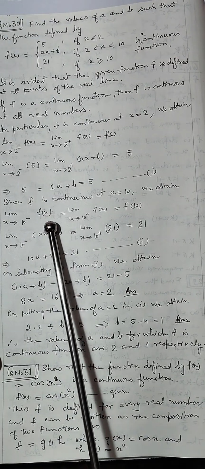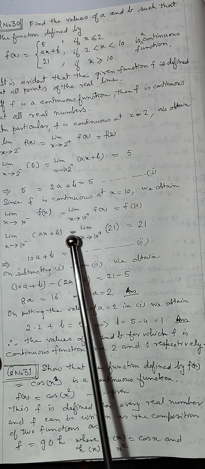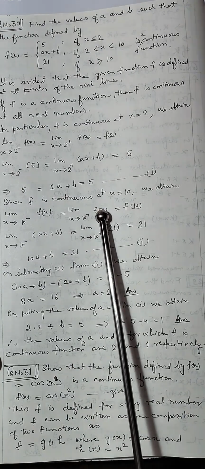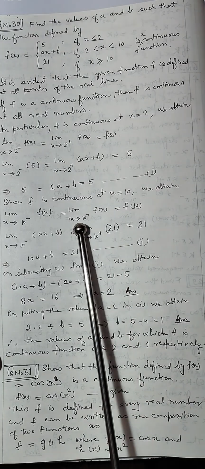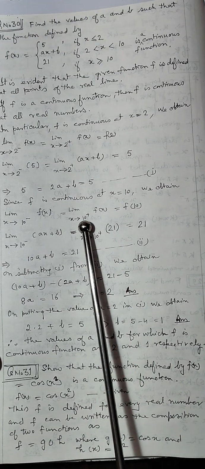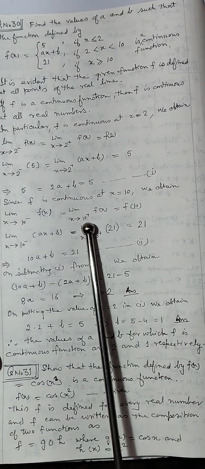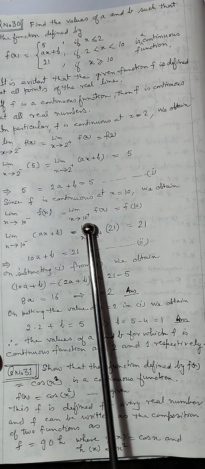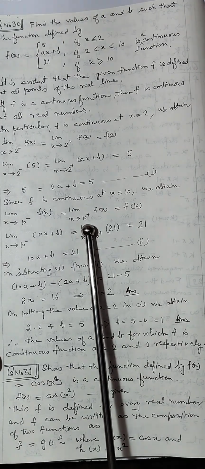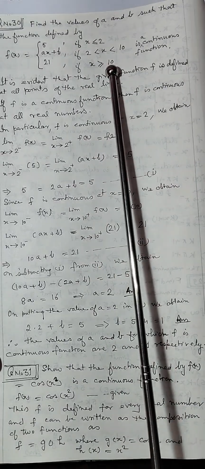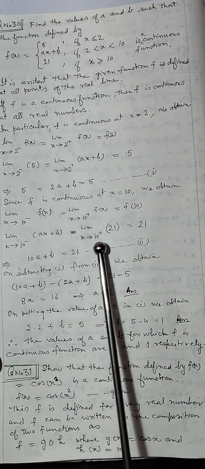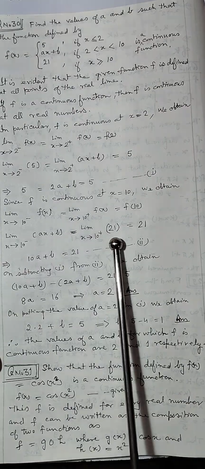This f(x) has been replaced by ax plus b. Now this f(x) has been replaced by 21 because x is approaching 10 from the right, that is the right hand limit of 10, meaning somewhat greater than 10. So somewhat greater than 10, that will come here.